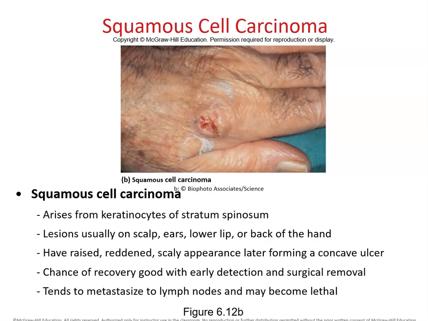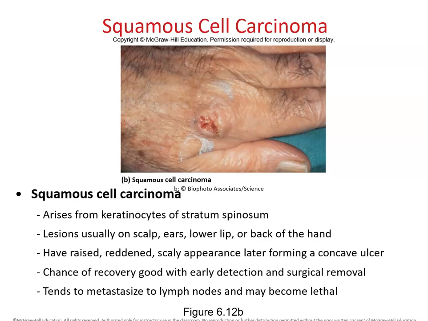On the ears, the lower lip, the backs of the hands, places with small amounts of sun exposure nearly every day is where this tends to develop. So what we see in this type of cancer is a red, raised up, scaly type ulcer. It'll have a dip in the middle, a concave center.